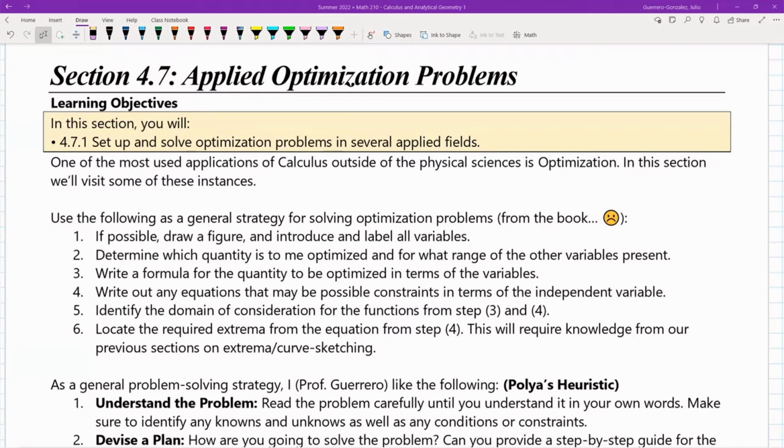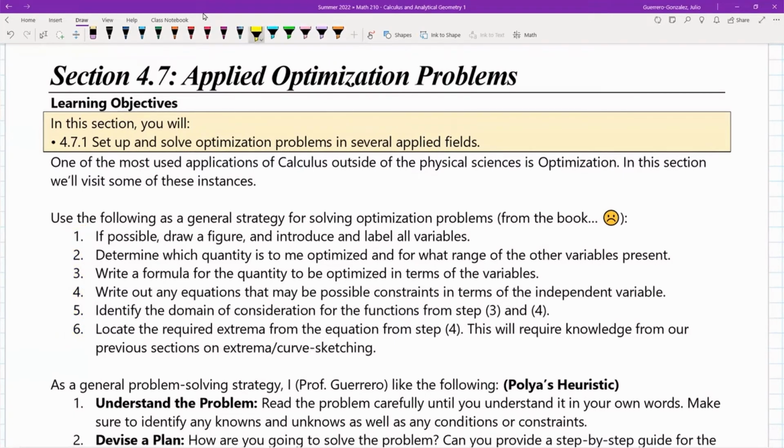There's a general strategy for solving optimization problems, and this one's from the book. It's got 6 steps: 1, 2, 3, 4, 5, 6. I want to cover the 6 steps really quick as it's done in the book.